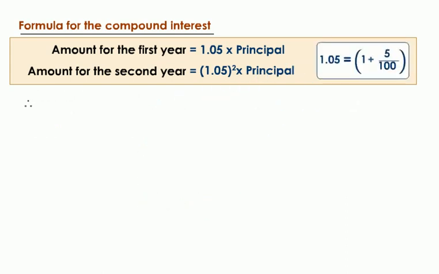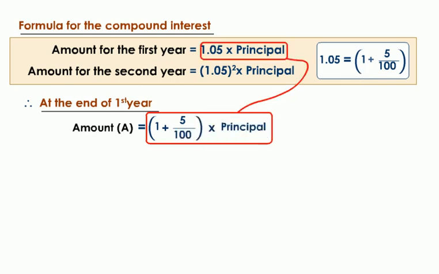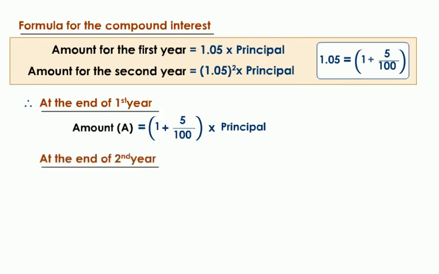At the end of second year, amount equals 1 plus 5 divided by 100 whole square into principal. And at the end of the third year, amount equals 1 plus 5 divided by 100 whole cube into principal.